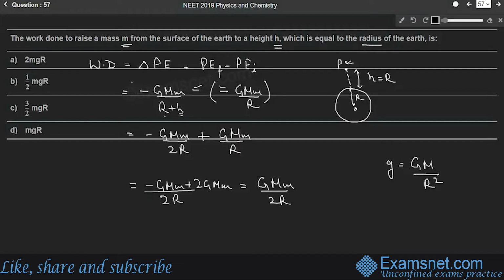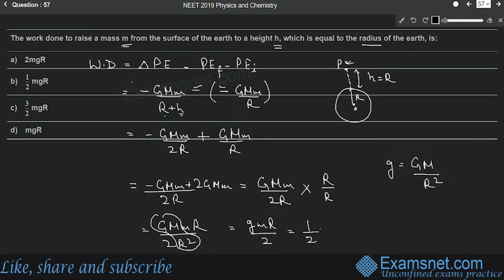To get R square, we'll multiply and divide this with R. So here we'll get GMm R divided by 2R square, right? Now we know that G capital M by R square is equal to small g. So it can be written as small g m R divided by 2, or half mgR. That means the work done will be equal to half mgR. That means option B will be the correct answer.